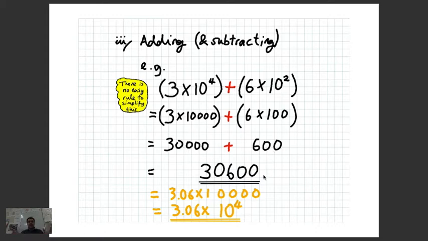And then just add them up, which comes to 30,600, which if you want to put it into standard form, using the same method as before, is 3.06 times 10 to the power of 4. So the rule for adding and subtracting powers is that there isn't really a simple rule. You've just got to work through it.